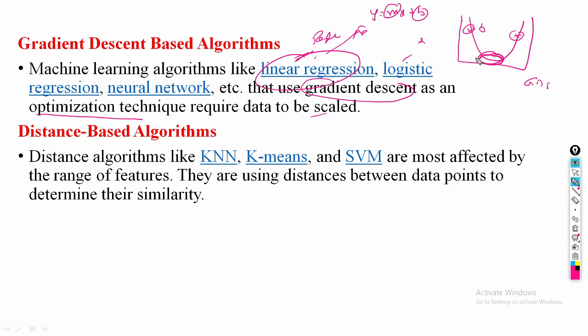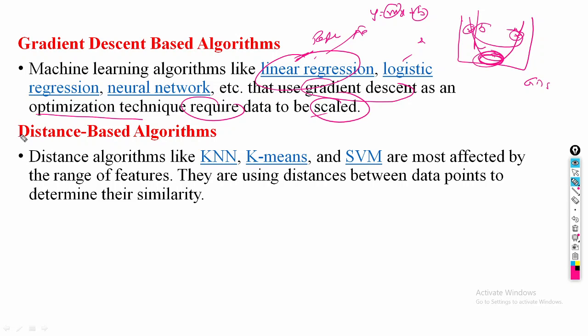If you do not apply feature scaling, the coefficient values b and m may be far away from the global minima, so it will take time to reach it. So for gradient based algorithms like linear regression, logistic regression, and neural networks, which use gradient descent optimization, scaling is required.